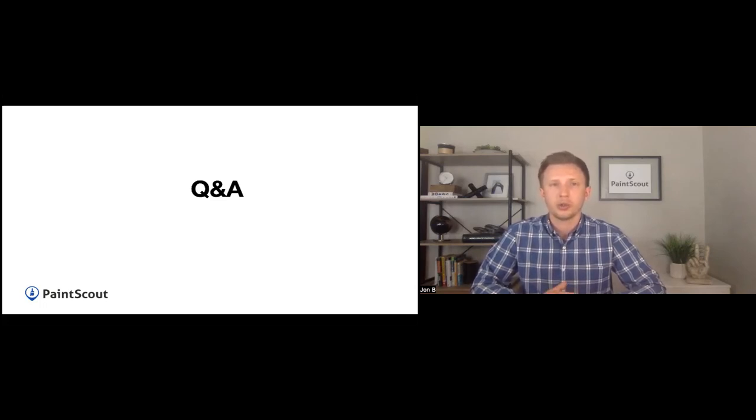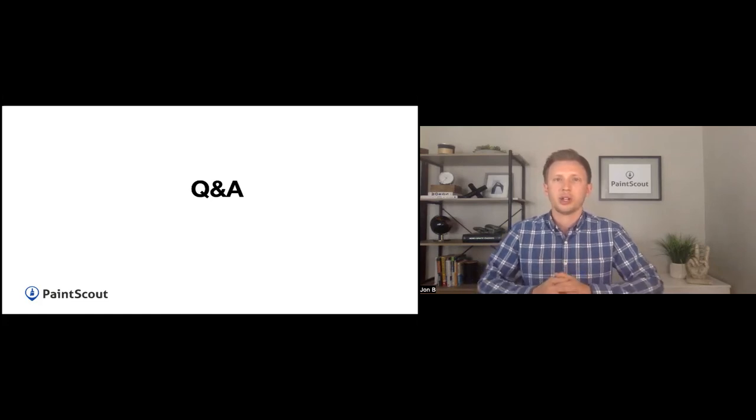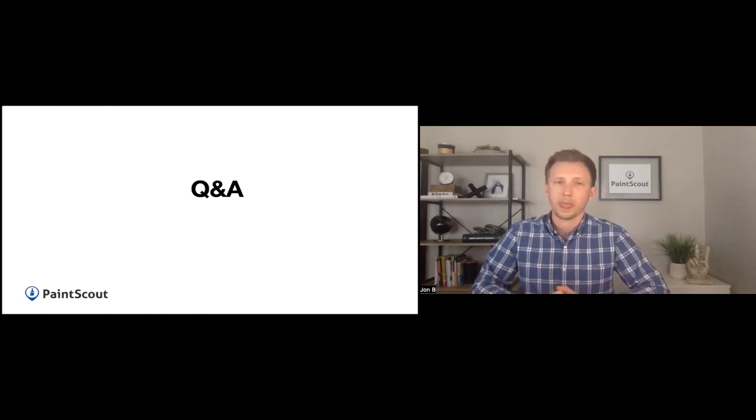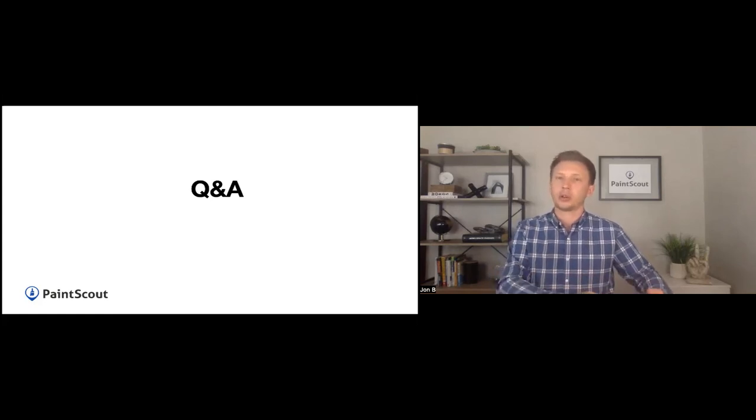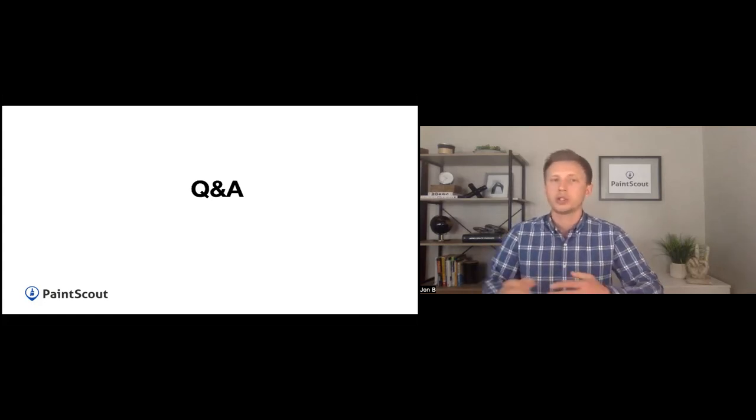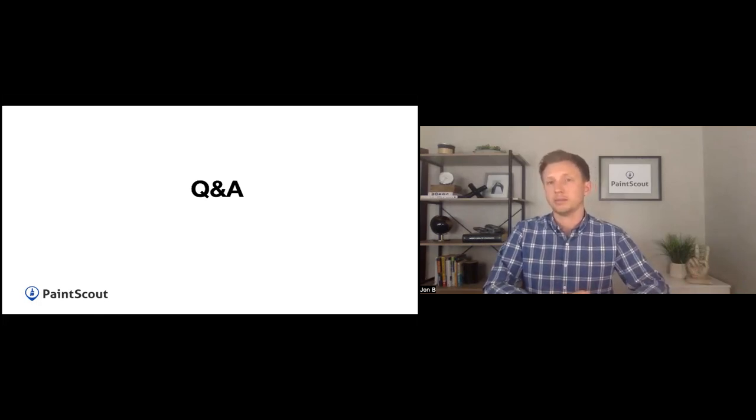All right, Andrew Sefton, thanks for the question. How does this translate to production rates and or piece rates? That's a wonderful question. When you break down your hourly rate, you have an understanding of what each hour costs your business. You can start combining that with a production rate, a time-based estimating system, and that's going to allow you to charge properly for every hour that you're billing for.